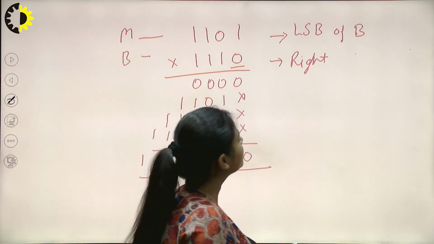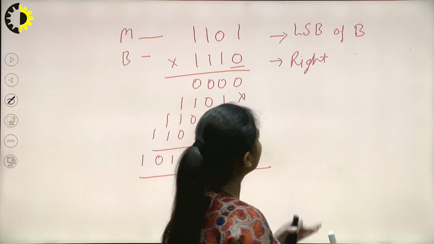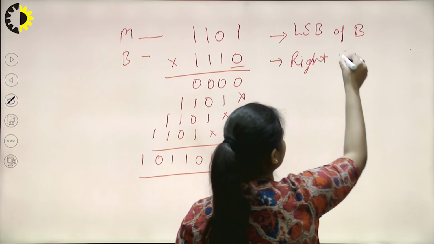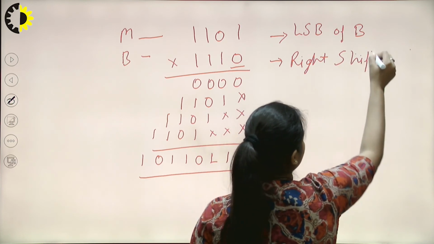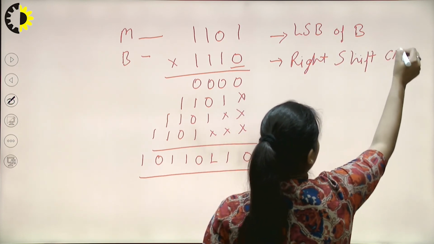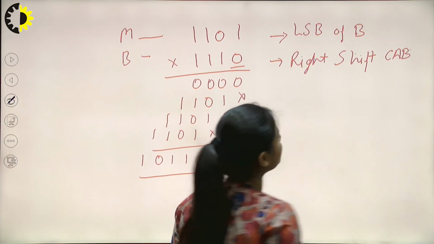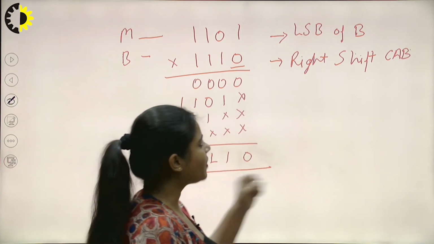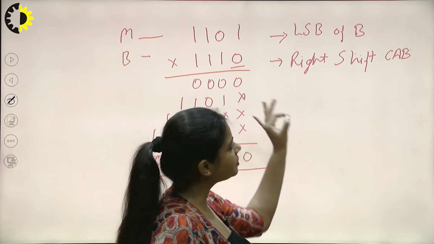So whenever the LSB of B is 0, then you have to simply write shift C A B. Means the value of C, the value of accumulator currently, and the value of B. You have to shift all the digits only one place.